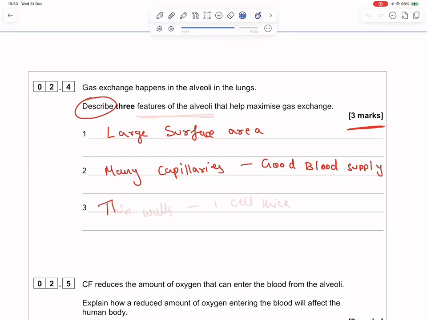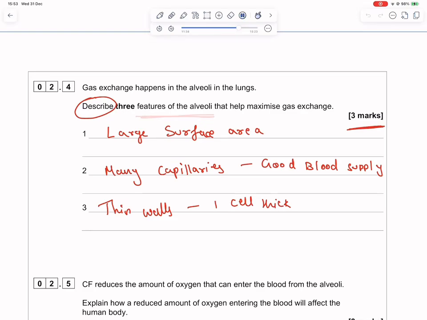They are thin walls. They are only 1 cell thick. Now, this is a classic gas exchange question. You get 1 mark per correct adaptation, but they must be biologically accurate. Just don't say thin cell walls, that is incorrect for alveoli.